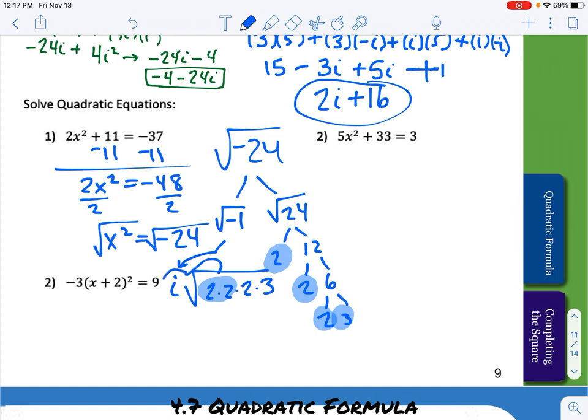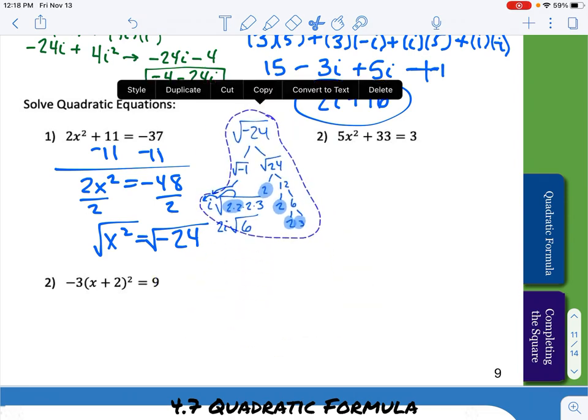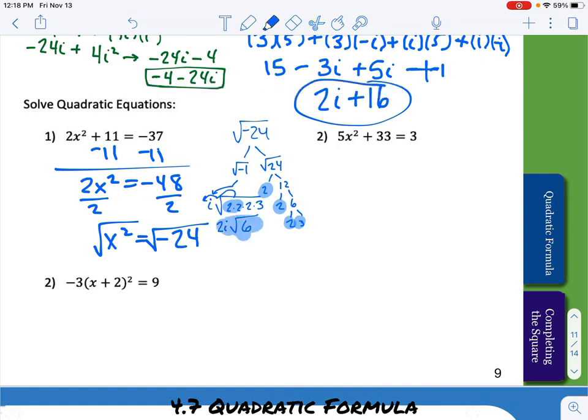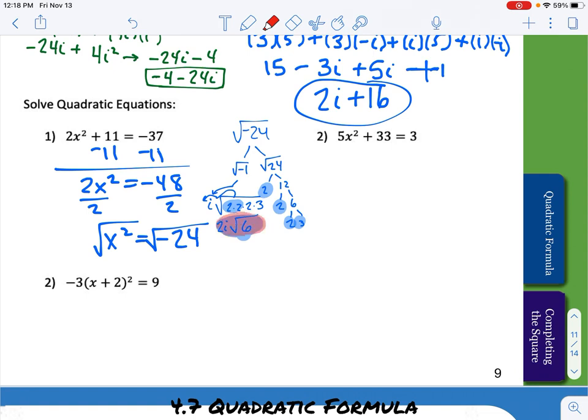This 2 buddy pair comes out in front of the i. So we're left with 2i root 2 times 3, which is 6, and we are good to go. Okay? And this is our solution. Maybe I should highlight it in a different color.